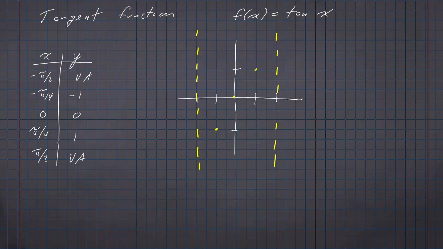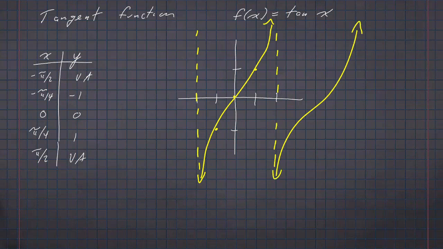But otherwise kind of just snakes through. And then it is also periodic, so it's going to repeat, drawn probably a little bit better than I draw it. But the tangent function has a period of pi, unlike the other trig functions that have a period of 2 pi. The tangent function is important because it is the best defined inverse function.